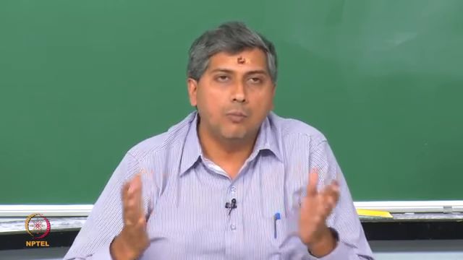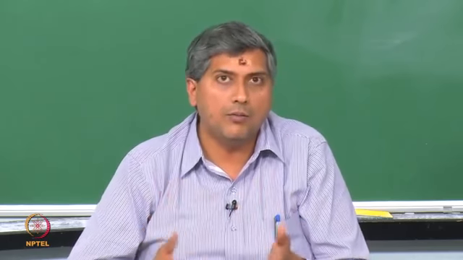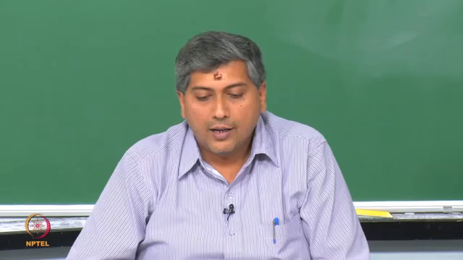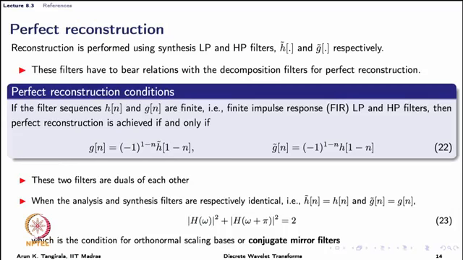Then I can use both these filters for analysis as well as synthesis. And that is the reason they are also known as conjugate mirror filters. H and G are known as conjugate mirror filters mostly because of equation 14 that we have seen, but these conjugate mirror filters also provide perfect reconstruction.